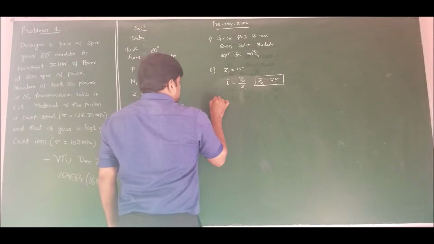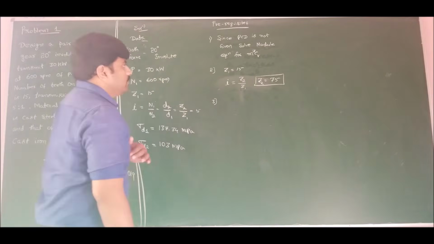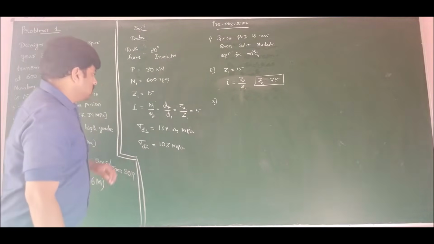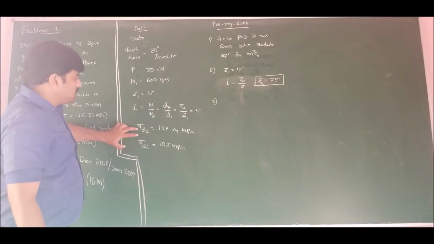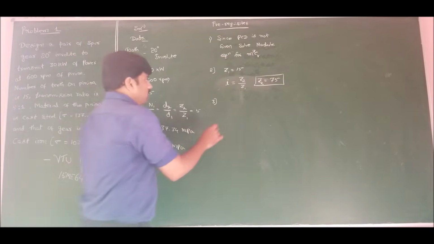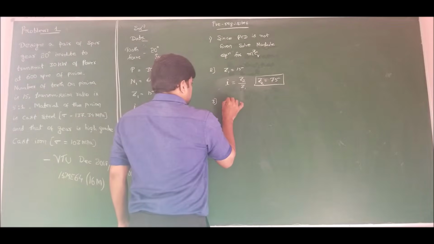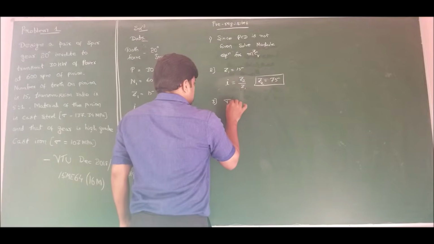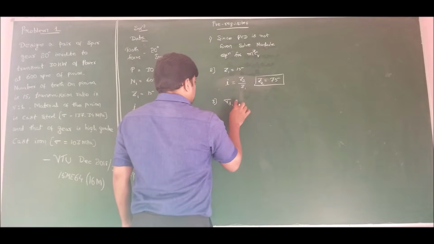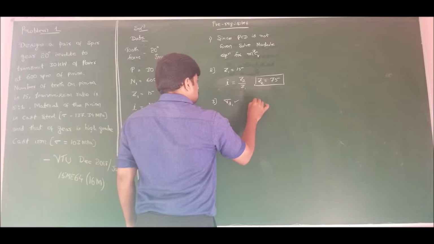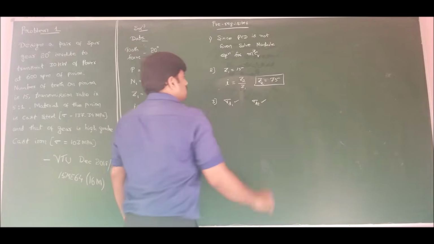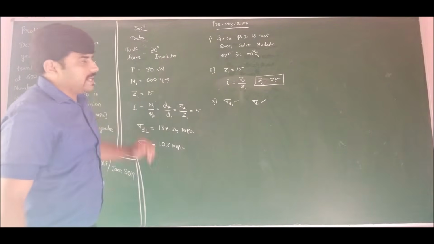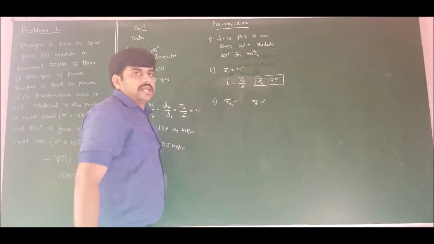Moving on to our third prerequisite, that is materials and their static strengths. He has clearly given the static strengths for the materials, so sigma D1 and sigma D2 are known. So we know all the prerequisites. Now we will enter into the problem.